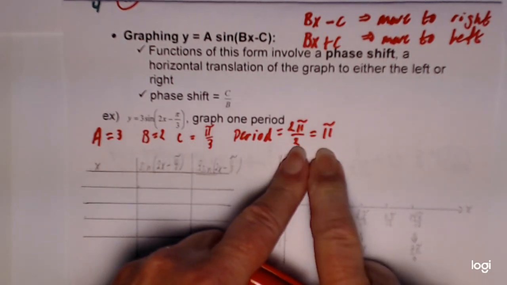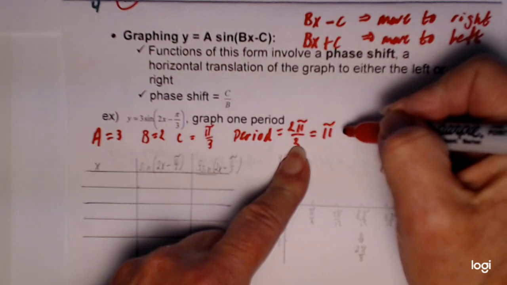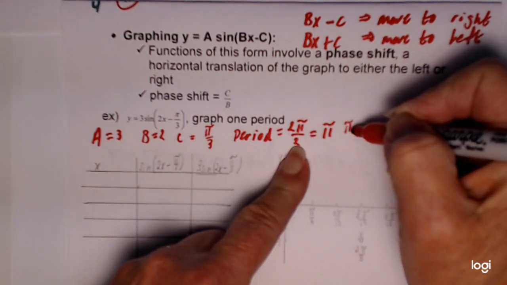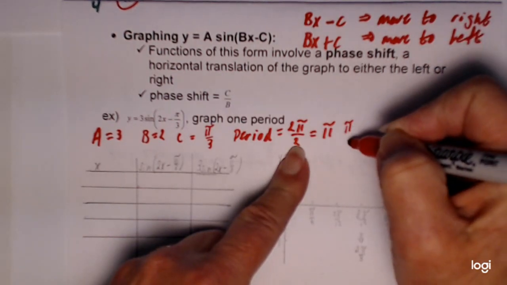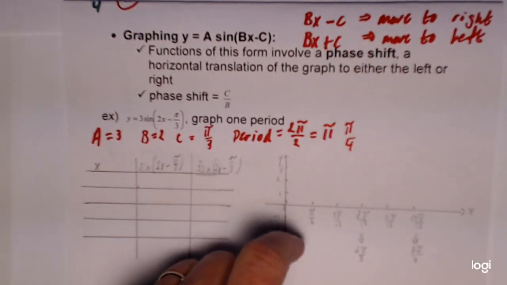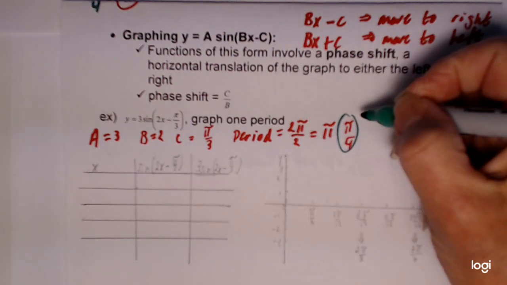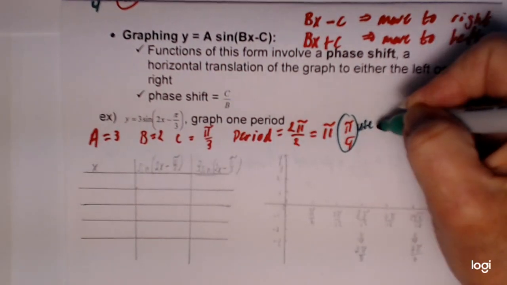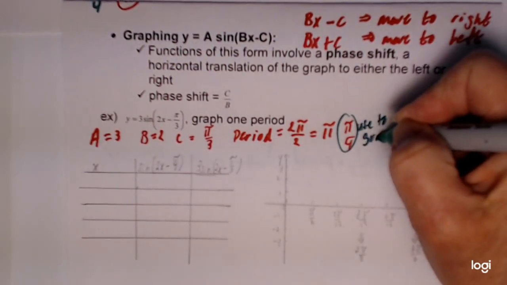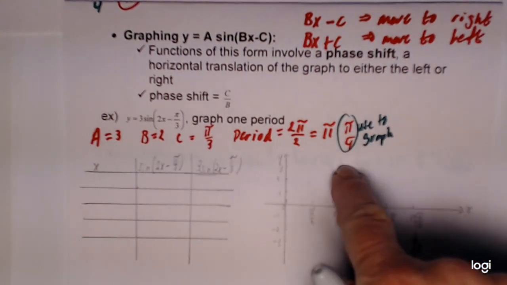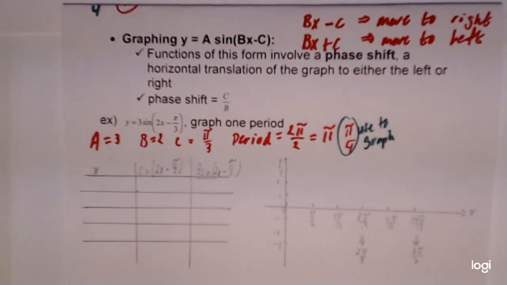And now in order to create our 5 key values, we're going to take this pi and divide it by 4. So this pi over 4 is what we're going to use to graph. So it's not our period, as we know. We're going to use this as our increment to graph.